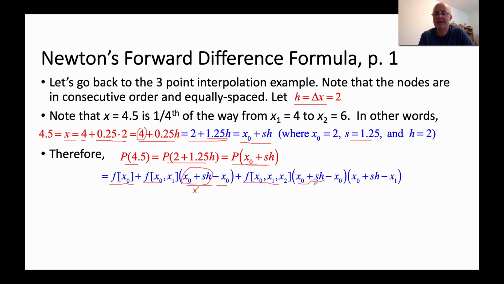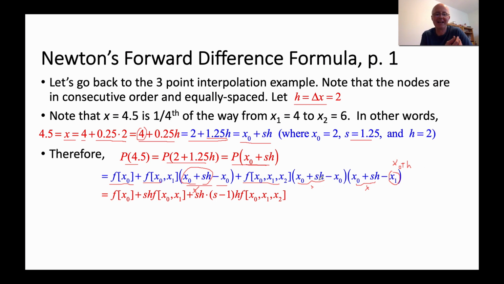This thing right here is x minus x0. This is also x minus x1. Now what I can do is I can also replace x1 with x0 plus h, and write this in yet another way. That's an x0 plus h.